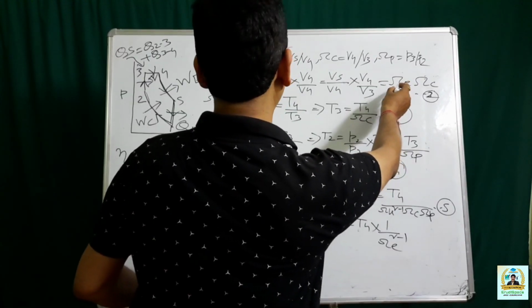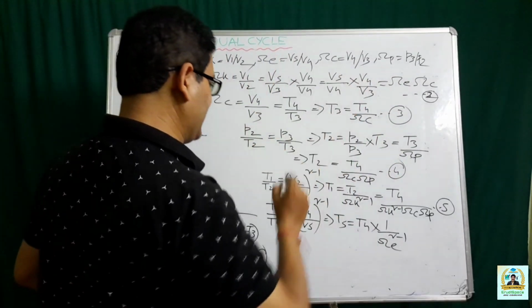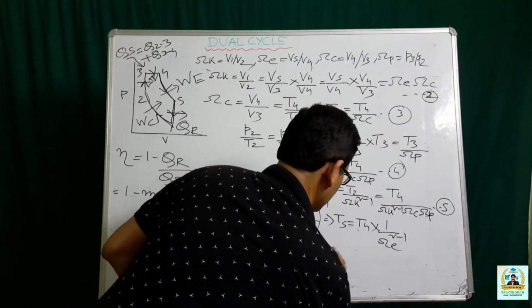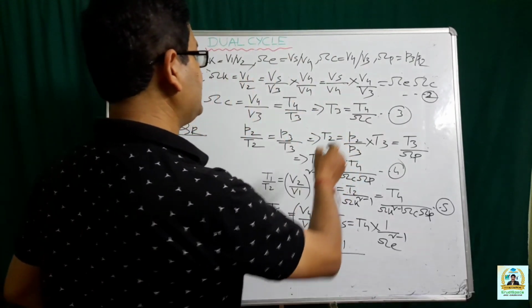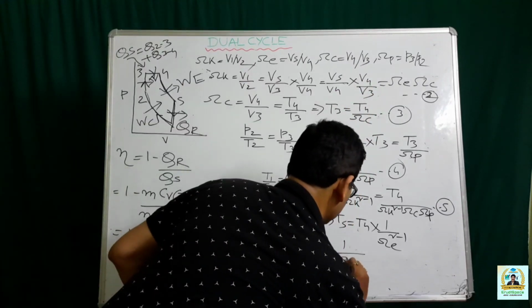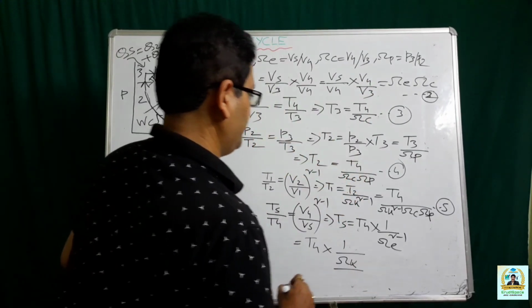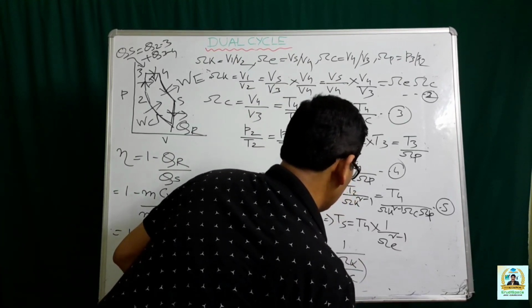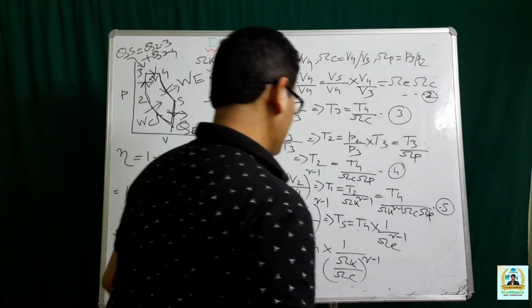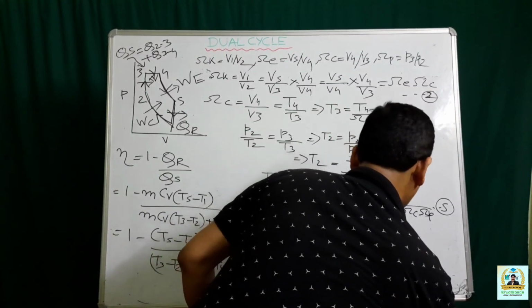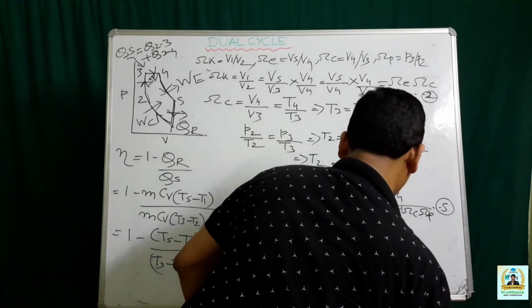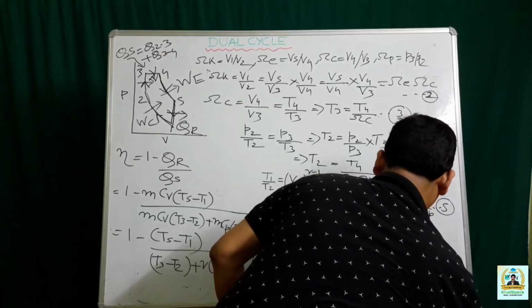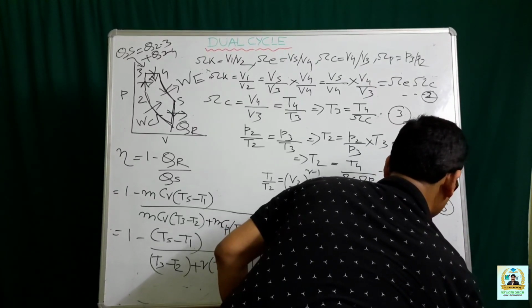From this we know that RE is equal to RK divided by RC. So that can be substituted. Instead of RE, you represent this as RK by RC to the power gamma minus 1, that is equal to T4 into RC to the power gamma minus 1 divided by RK to the power gamma minus 1.